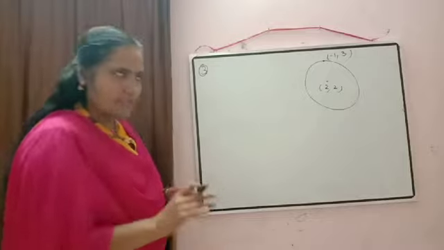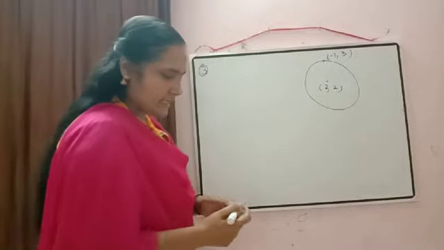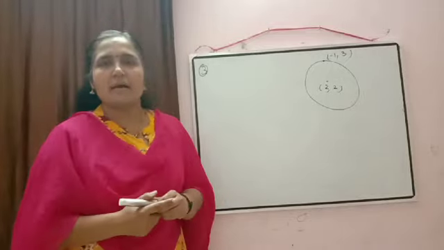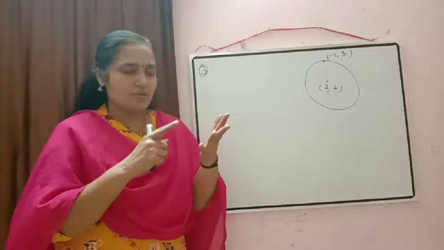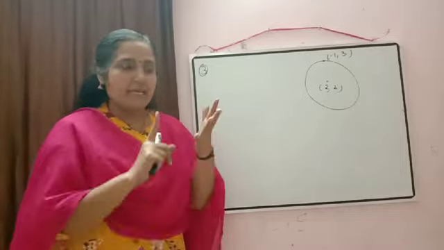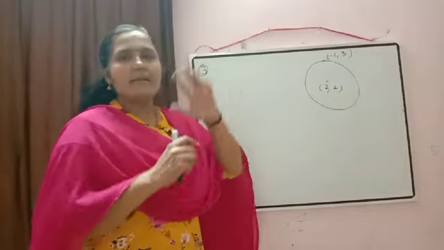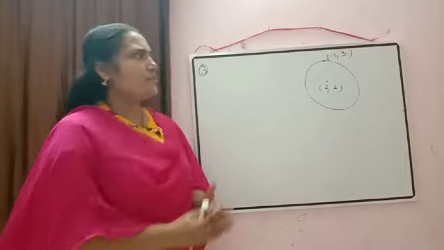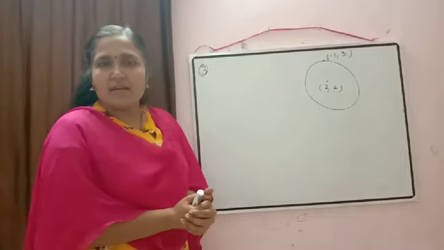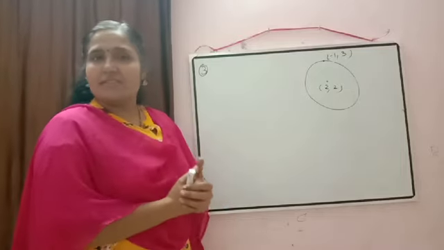We know our equation of circle is x minus h the whole square plus y minus k the whole square is equal to r square. So, to get the equation of circle, we need a center. Center is already given and we need a radius. Is radius given in the question? Radius is not given.